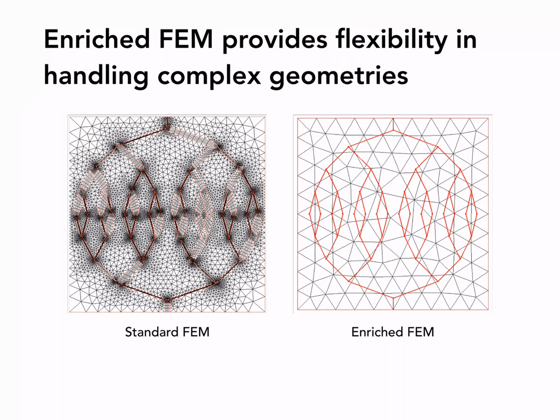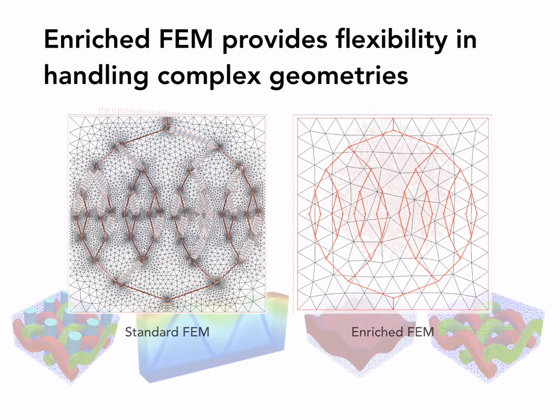So if you think about that as some knowledge that you have about your solution, you say, well, what if I incorporate an enrichment function that has a kink built in? So that is the way we do it. You use some a priori knowledge about the solution of your problem to construct enrichment functions that somehow are improving the solution that you get.